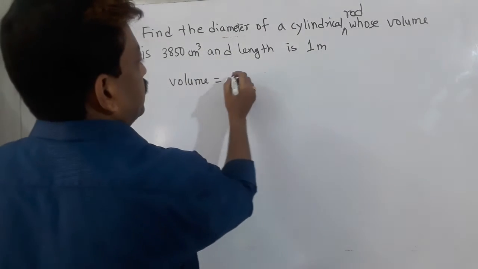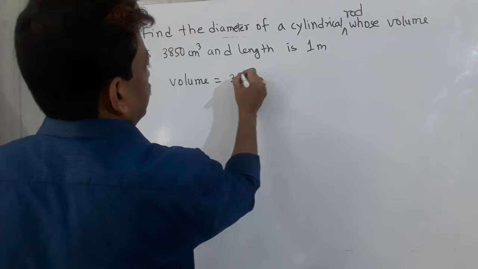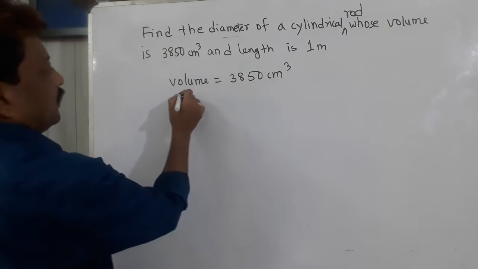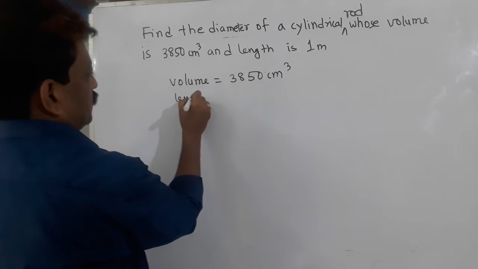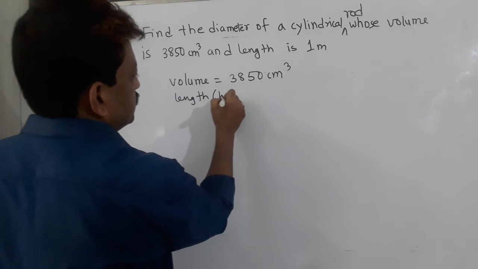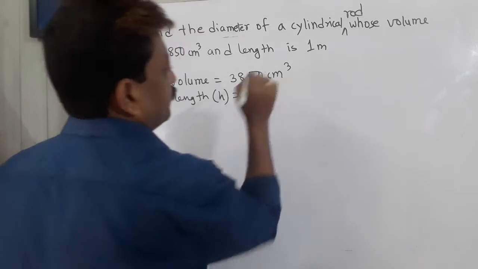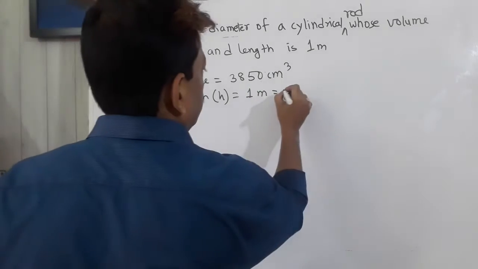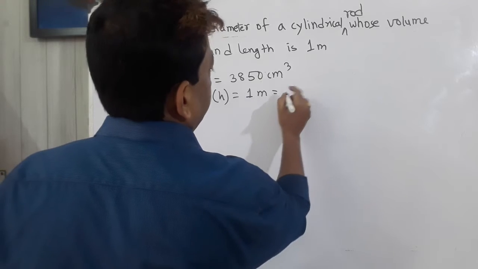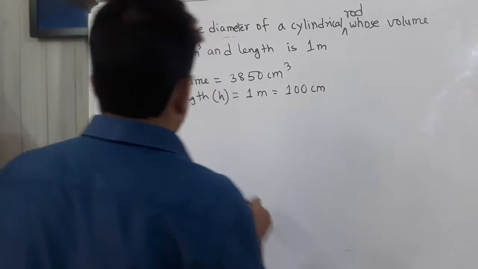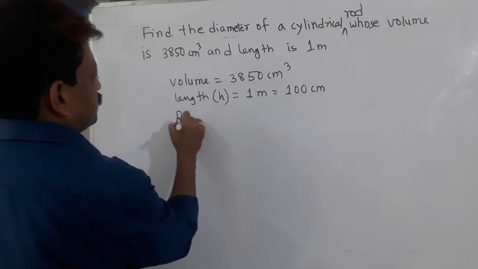So the volume of the cylindrical rod is given as 3850 centimeter cube. The length, h, is given as 1 meter. Since the volume is given in centimeter cube, I am changing this height into centimeter, so it will be 100 centimeter. Okay, now the radius is not known.